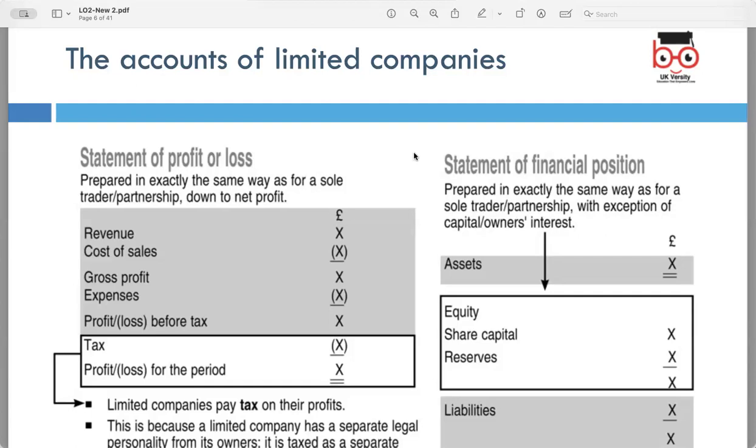Limited companies pay tax on their profits because they are recognized as separate legal entities, distinct from their owners. This means the company itself is taxed on its earnings, not the shareholders directly.